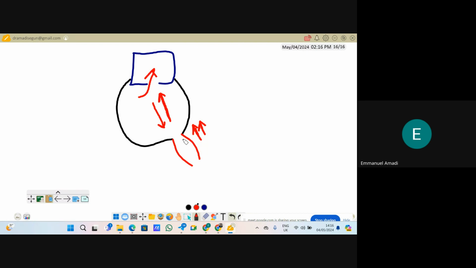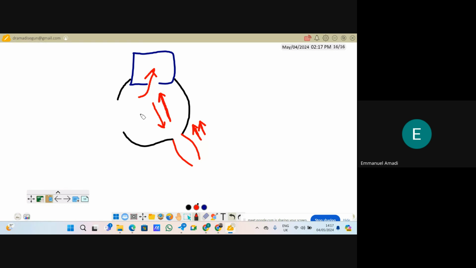Now, murmurs that will stay are in the regurgitant part, because that is what will now be favored. Since we cannot go forward because of the high pressure, and the back has a low pressure, let us go backward. So the regurgitant murmur will increase. Aortic regurg can go up. Mitral regurg can go up. Another thing is VSD. Why would VSD go up? VSD is a left to right shunt. Now, because the pressure has increased at the level of this aorta, this heart is looking for where to channel the blood to.